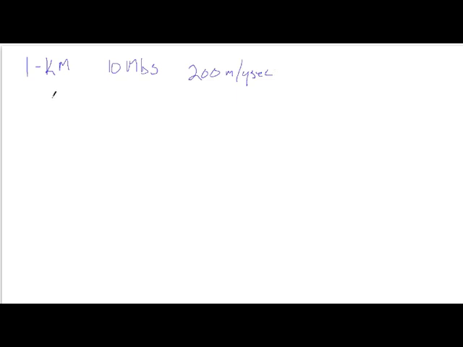So, if that's the propagation speed, what's the propagation delay? Well, it's 200 meters per microsecond. We have to go a kilometer. So the propagation delay from A to B, so not round trip, is 5 microseconds.